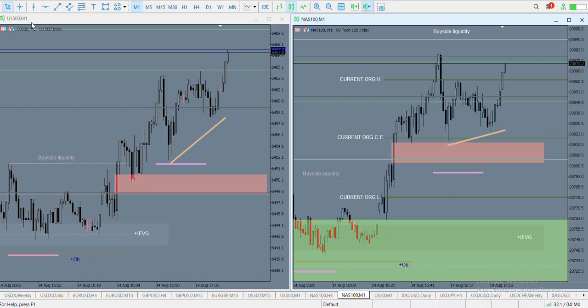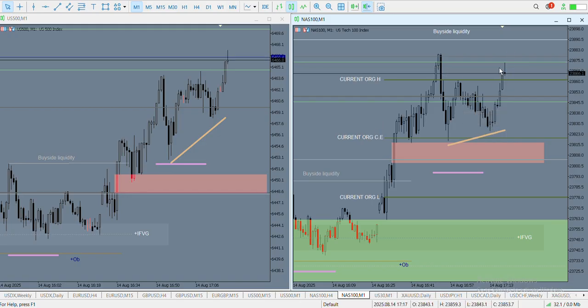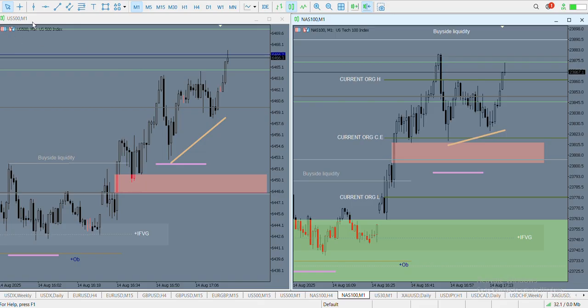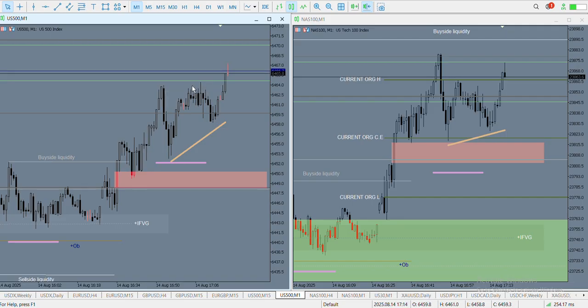So even though they're both going to move higher, we've traded through this CB here. Beautiful. That is strength. US 500 is going to go a lot higher, and you can obviously see how we have managed to get through that high here and above that high here.